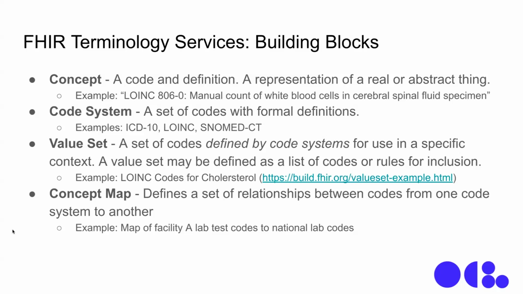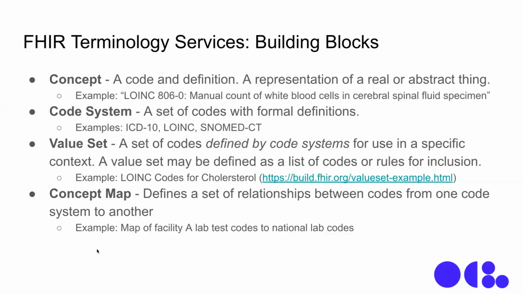But you often need to author your own concept maps as well between, for example, a local code system at a particular facility, or a delivery network, or a hospital, or maybe a particular software application, and the formally endorsed codes in the national HIE. And if you have this concept map available, that enables you to automate some types of translations between those codes.